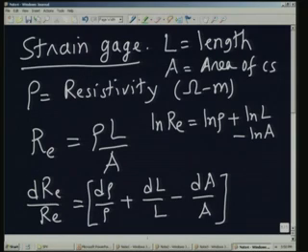Therefore, the left hand side is a change in the resistance with respect to original resistance, equal to change in the resistivity, which may be due to either pressure or temperature, because pressure and temperature also have an effect on the resistivity of the material, and we will come to that in a few minutes from now, plus the change in the length with respect to its own length, dL by L is the ratio, minus the change in the area divided by the original area. So, we have 3 terms contributing to the change in the resistance.